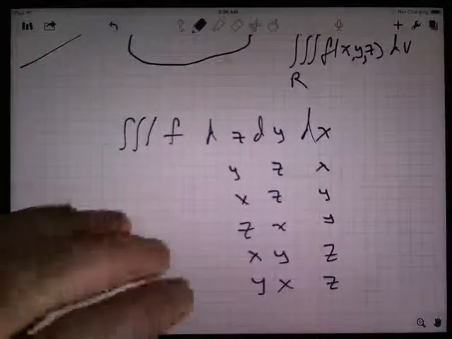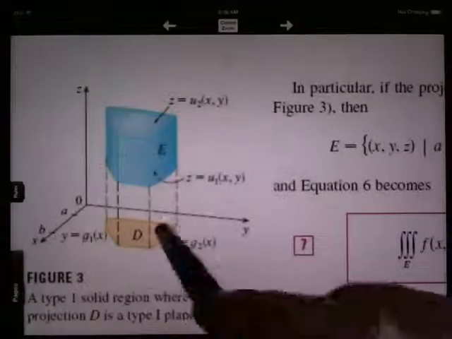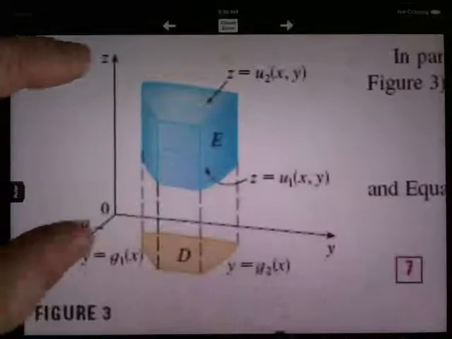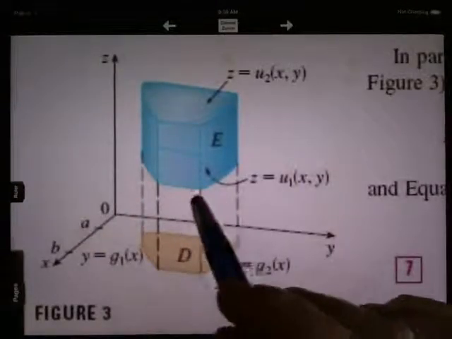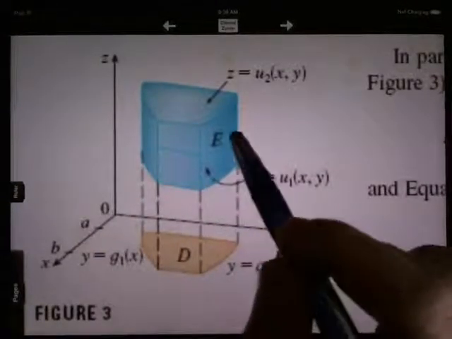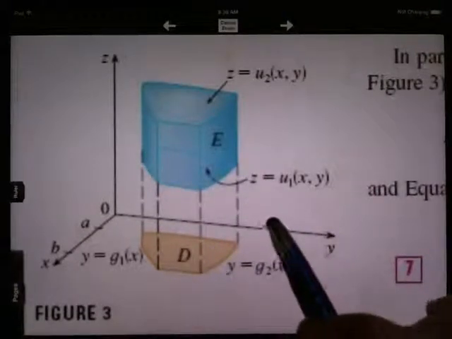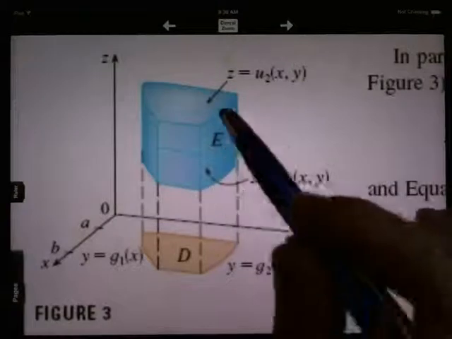And these pictures here are essentially helping us through the options. If you've got a region that looks like this, essentially it's cylindrical from the point of view of the vertical.